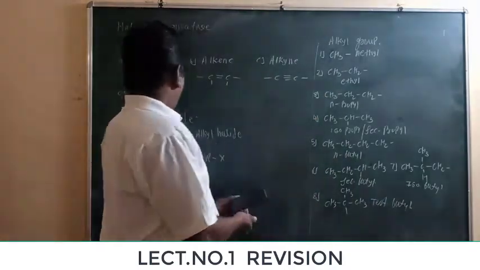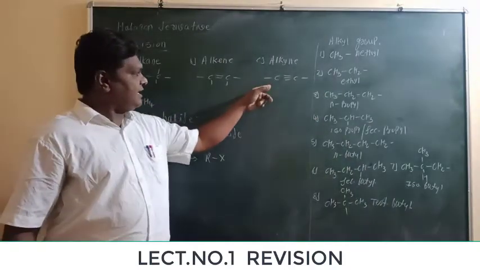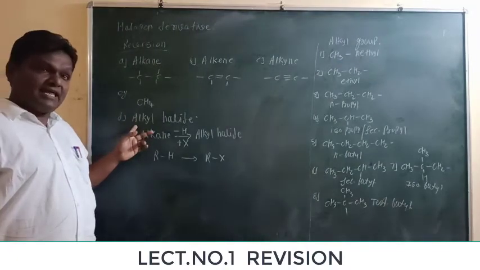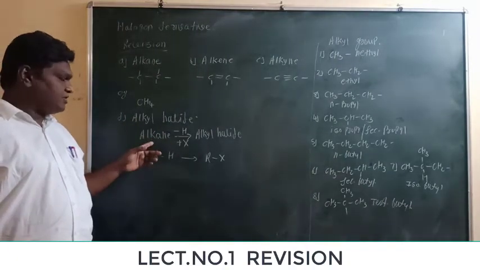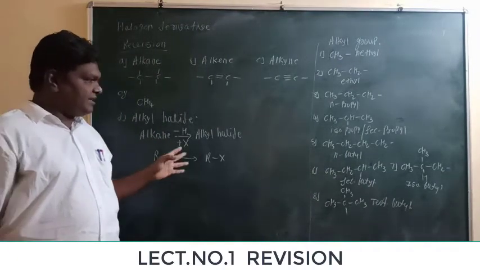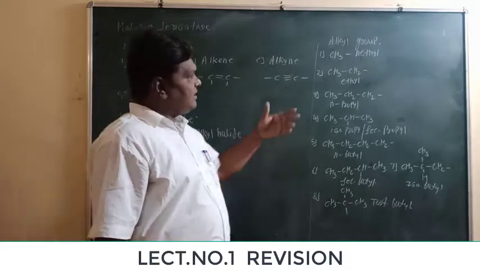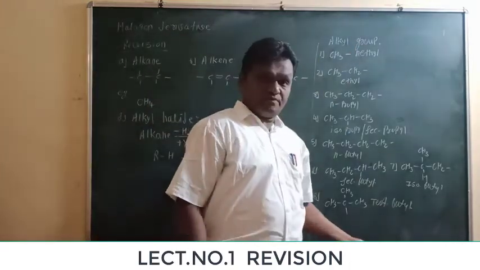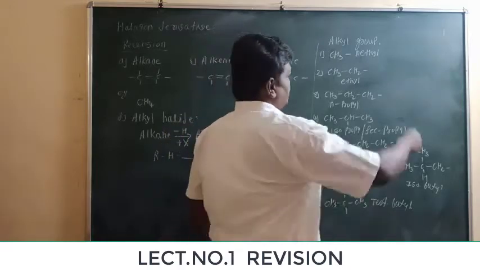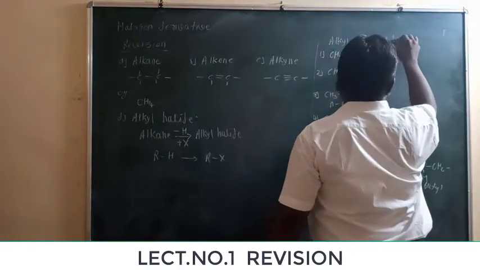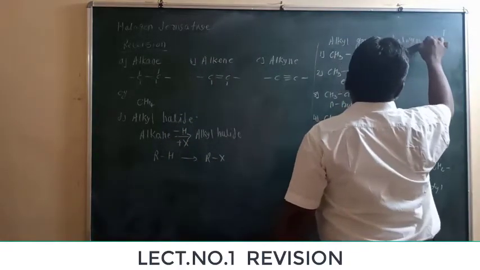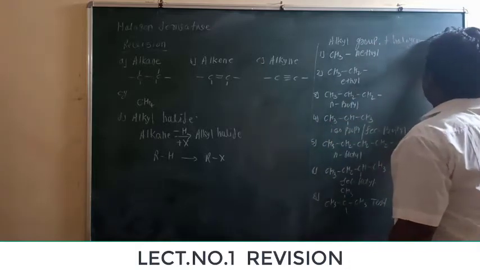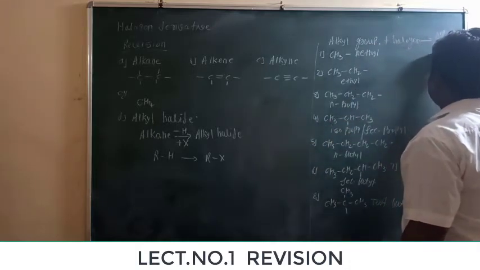Now, we have seen alkane, alkene, alkyne. We have seen what alkyl halides are, which are obtained by replacing or removing a hydrogen atom of an alkane. Then we are getting an alkyl halide. These are the different kinds of alkyl groups present. To these alkyl groups, if you add any halogen atom, we get an alkyl halide.